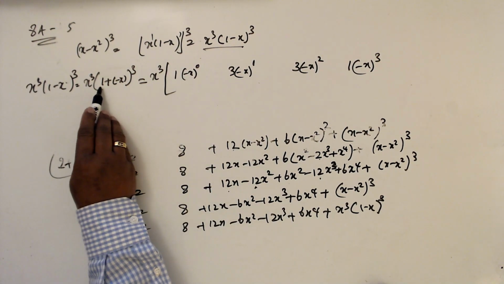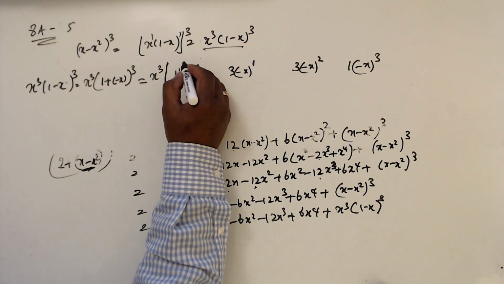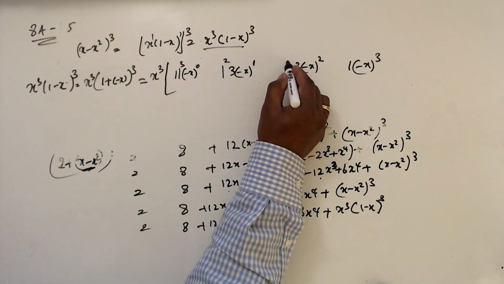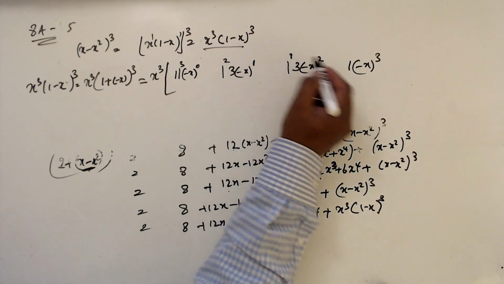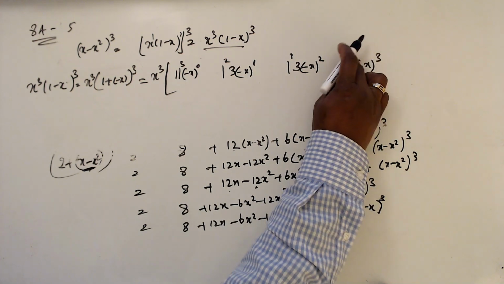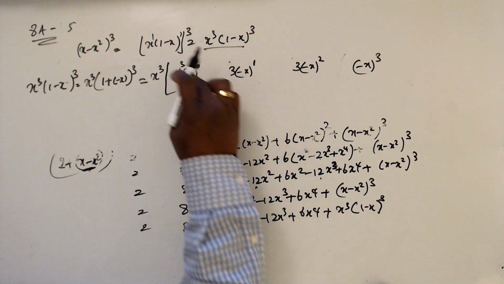What is the descending? 1. If I write here 1 to the power 3, then 1 to the power 2, 1 to the power 1, 1 to the power 0, we don't need that because it is just 1.